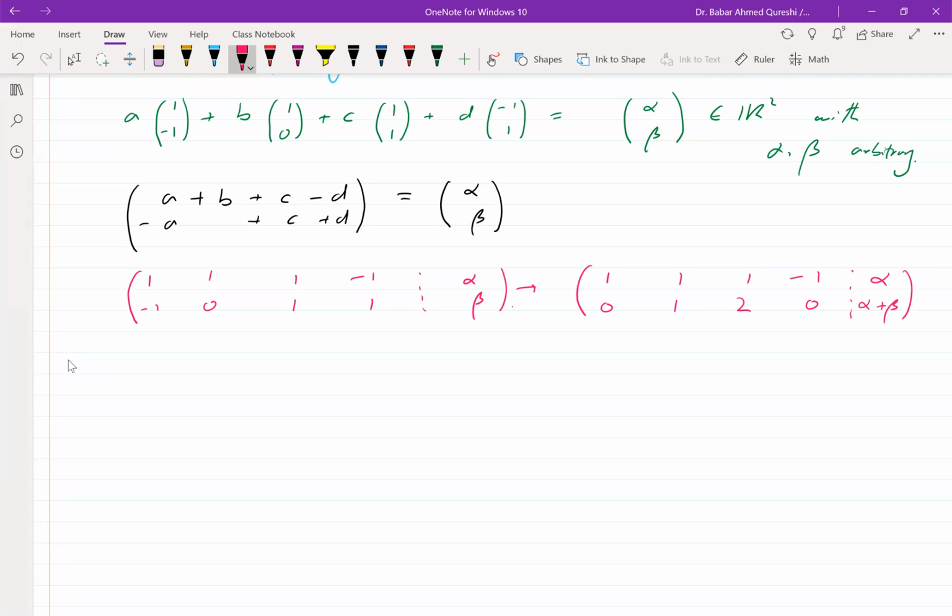And now I'm bringing it to reduced row echelon form. So this becomes, I add it above. So when you add it above, you have to multiply it with a -1 and then add it above. You get 0, -1, -1, minus alpha minus beta added above gives you minus beta.